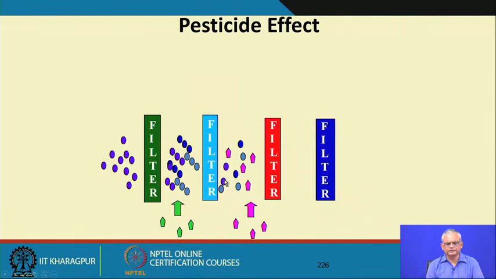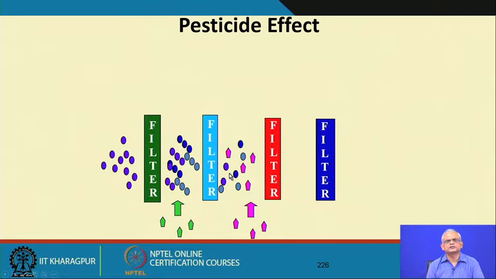But then those which survive, again they appear in the next crop, multiply and appear, and new types of pests appear. But again applying malathion will do nothing to these pests, because they had survived malathion and malathion does not kill them.